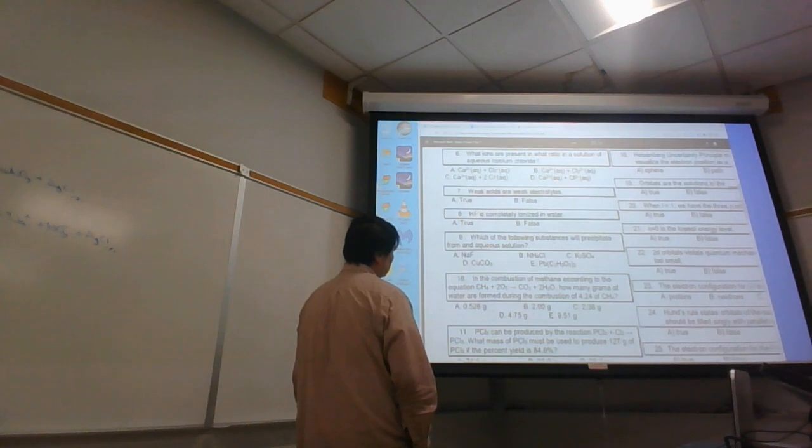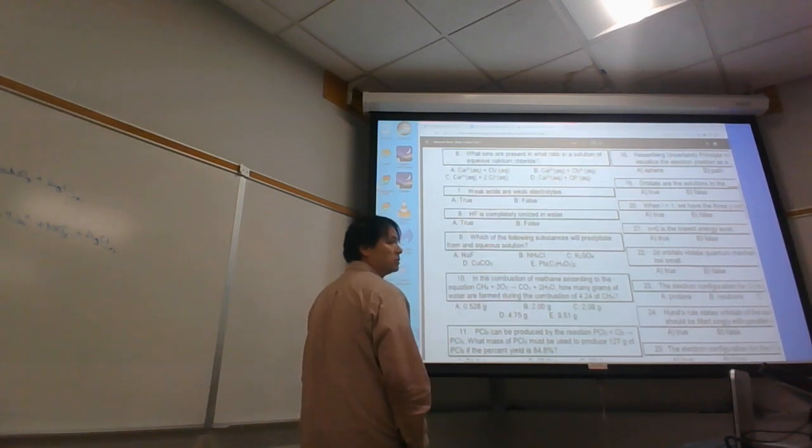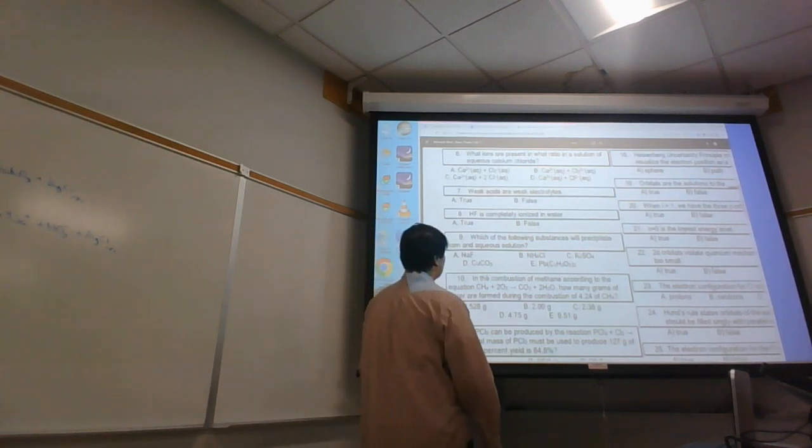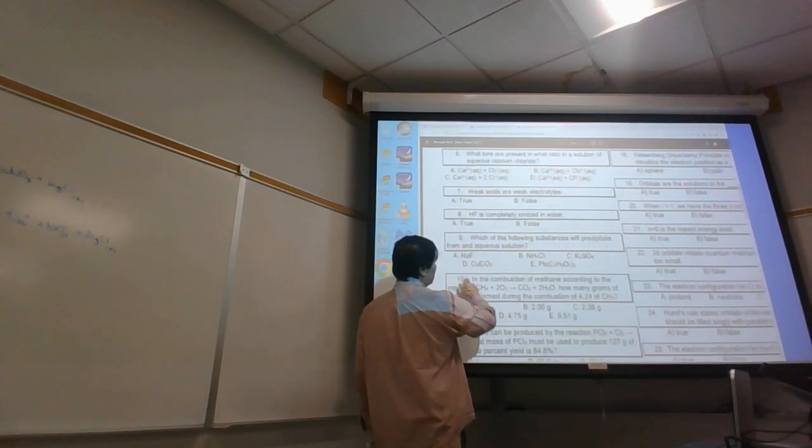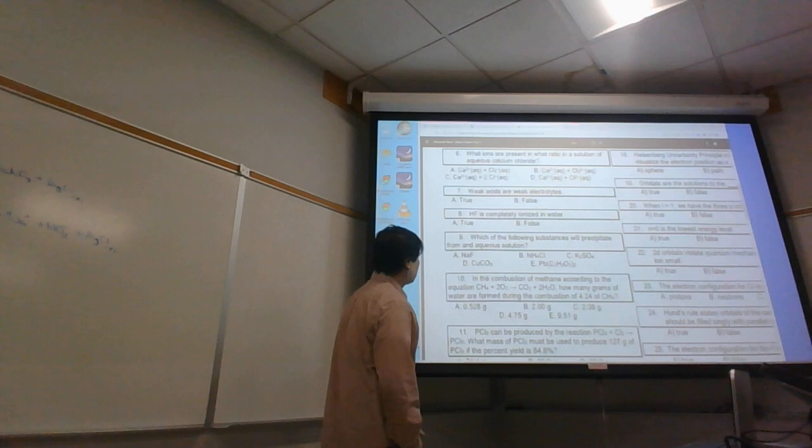Acetates, chlorates, and nitrates are all soluble. And then we go over here. Carbonates, phosphates and chromates are all insoluble except for group 1 and ammonium. And so D is the only one that can precipitate: copper 2 carbonate.